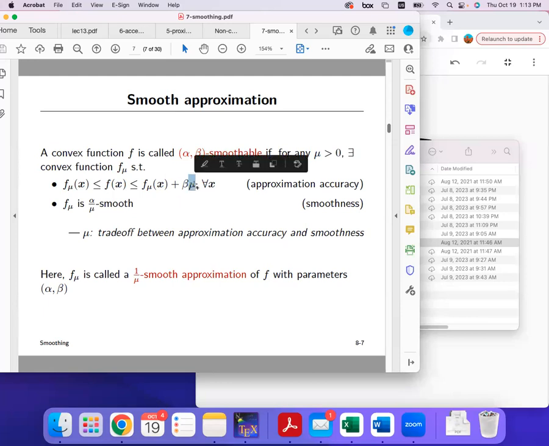If you choose a very small mu, it implies that we are looking for a very accurate approximation. But instead, the smoothness parameter may be huge, and then this function may be ill-conditioned. So this is a trade-off between approximation and smoothness.